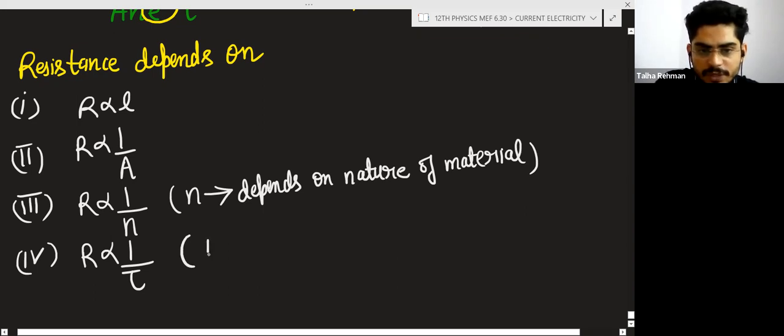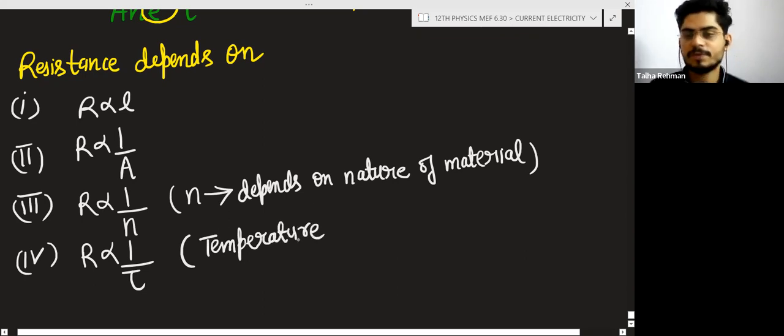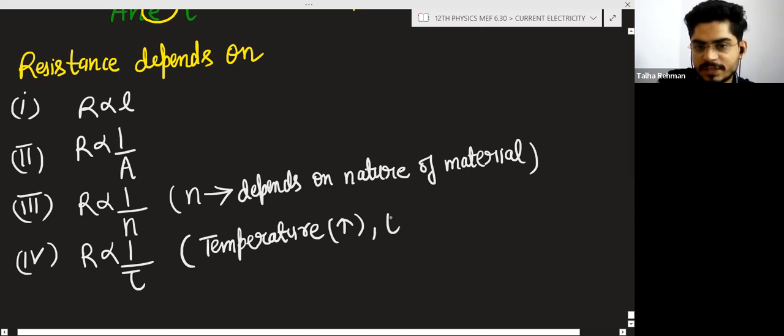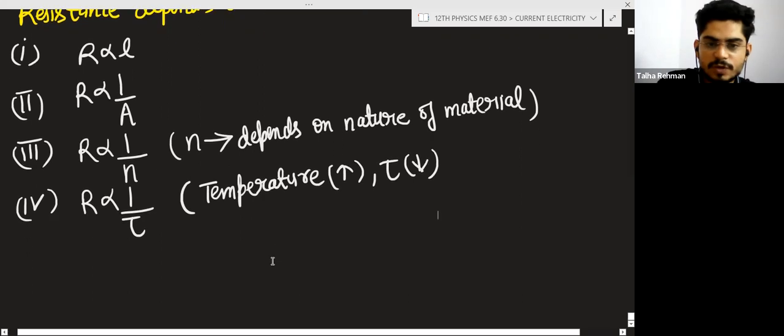If you increase the temperature, the electrons will get more thermal energy, and the collisions will become faster, and the time for relaxation of electrons will decrease. So on increasing the temperature, relaxation time will decrease and resistance will increase.